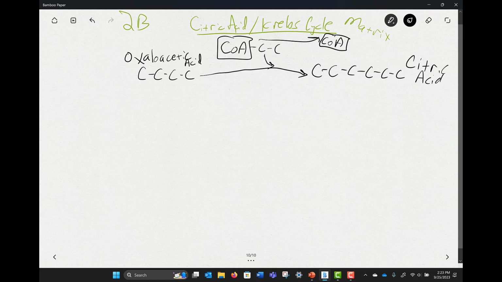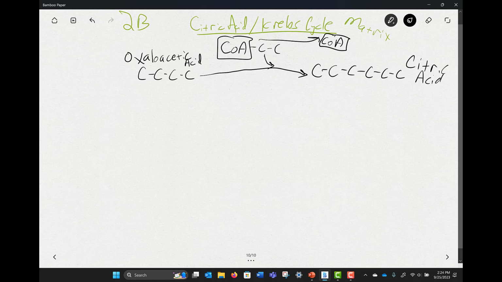But citric acid, a 6-carbon compound. Now, even though this is a 6-carbon compound, it is not glucose. Remember, we have lost some protons, some electrons, and some carbon dioxide, so oxygen, along the way. Yes, it has 6 carbons. No, it is not glucose.